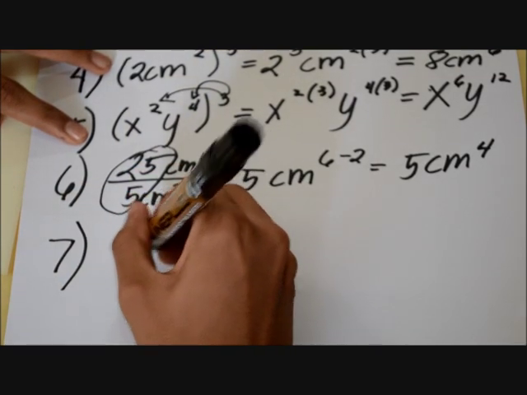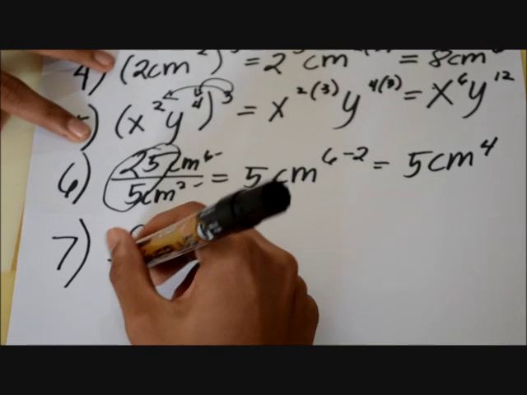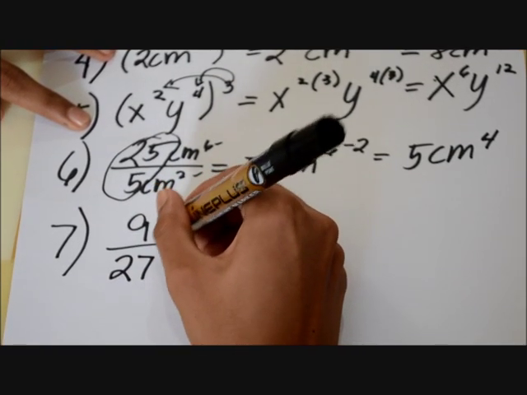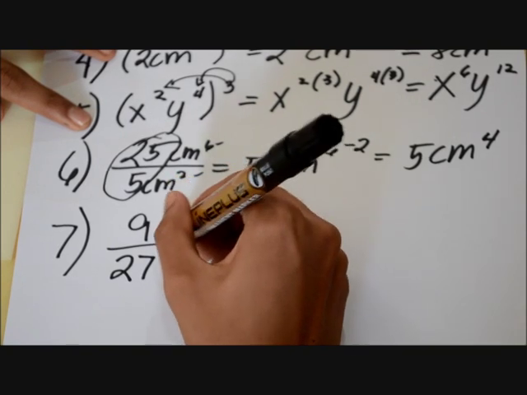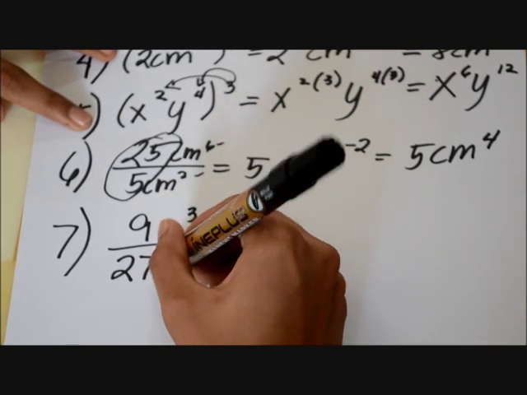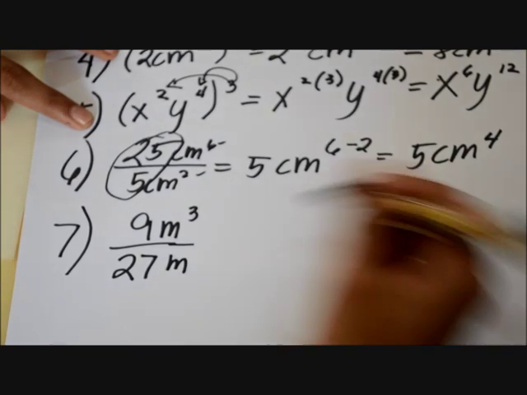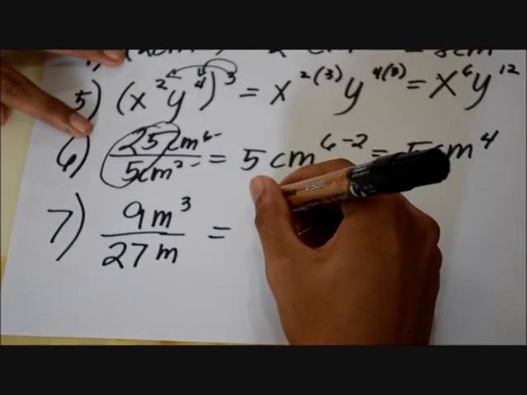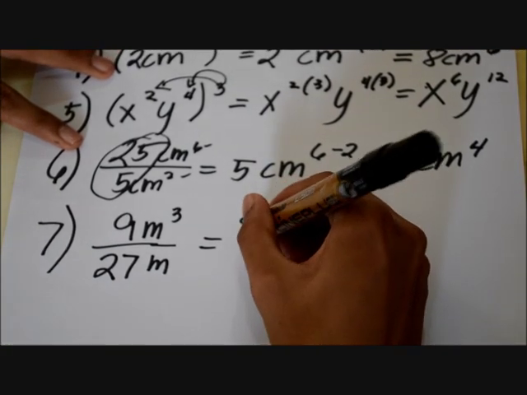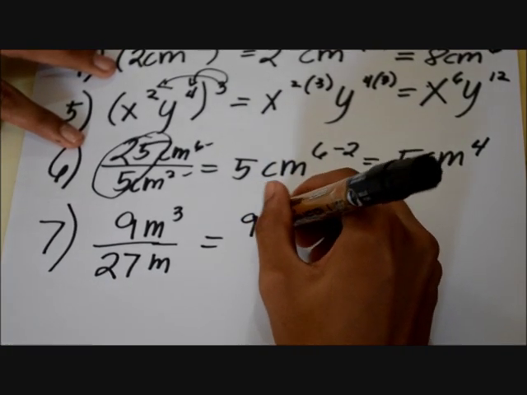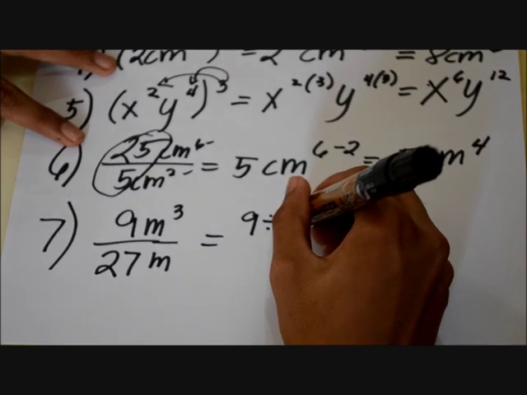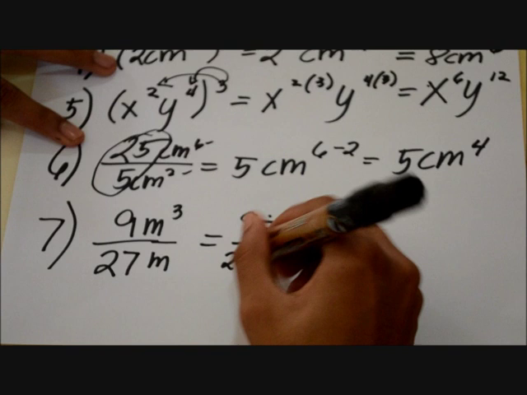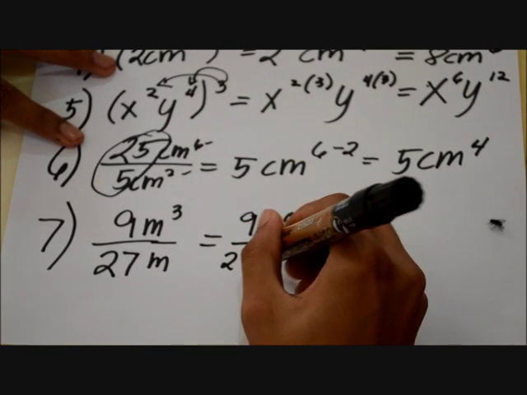7th. So this is another example of dividing exponents given that the numerator 9 meters cubed is smaller than the denominator 27 meters. To solve this, we are going to look for the greatest common factor of both numbers, which is 9, and divide the numerator and denominator by it.